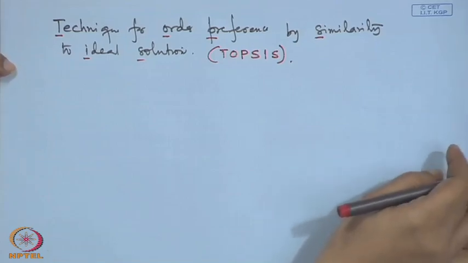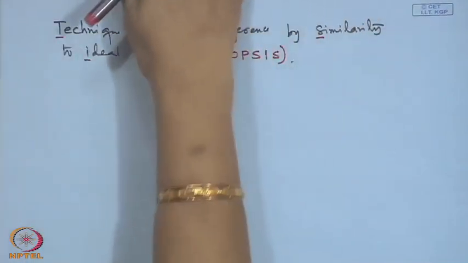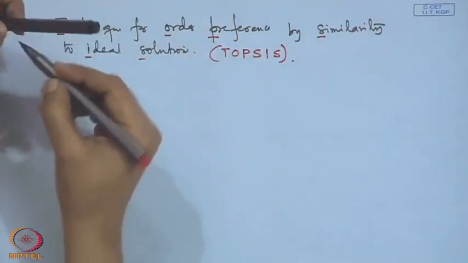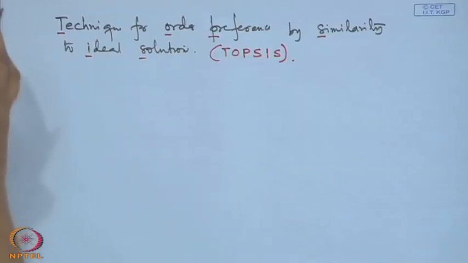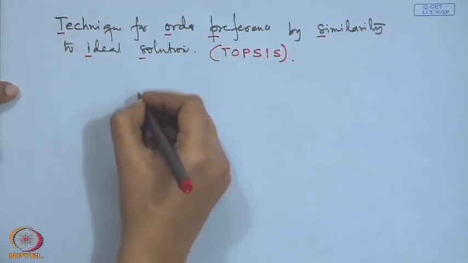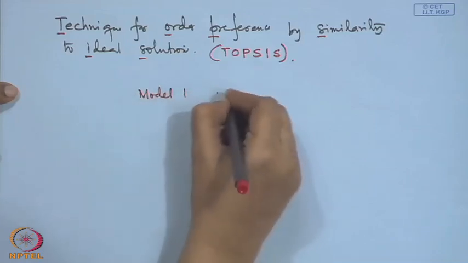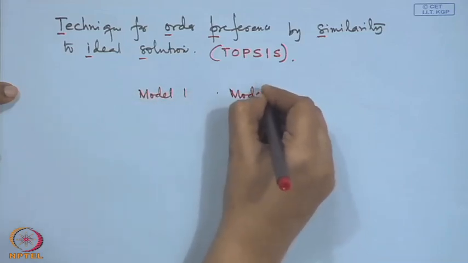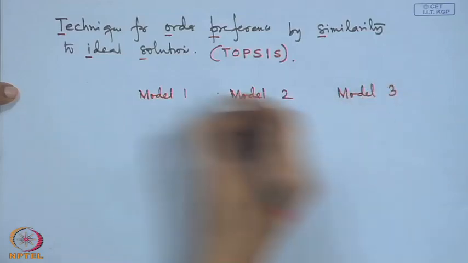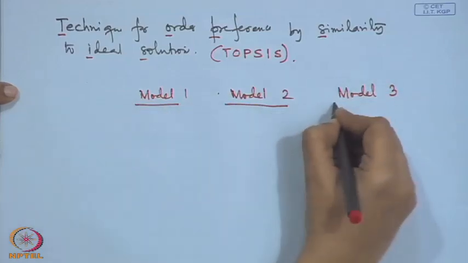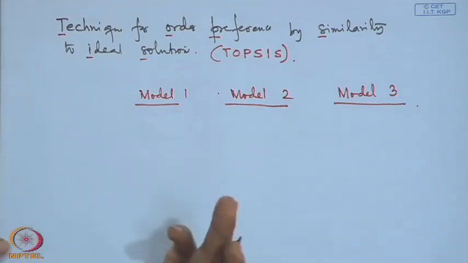Now, in the TOPSIS method we have information of this kind. Let me take one example. We have 3 models. Let us try to select.